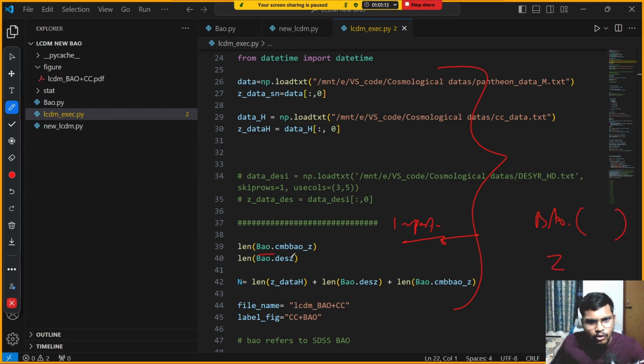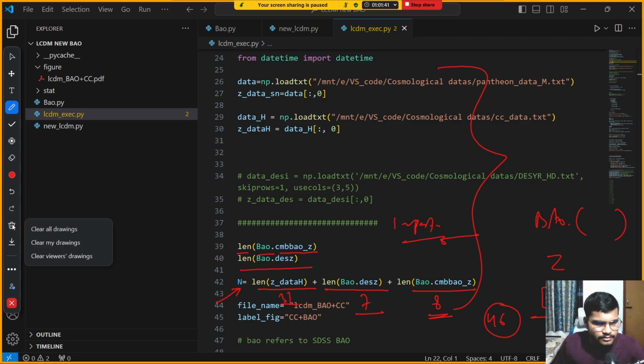So bao.cmb BAO of Z will just give the length of this array. If I am using BAO DESI, BAO CMB, and CC data, then I take the length of each. This is 31, this is 7, and this is 8. 31 plus 7 is 38, and 38 plus 8 is 46. So I have 46 data points.